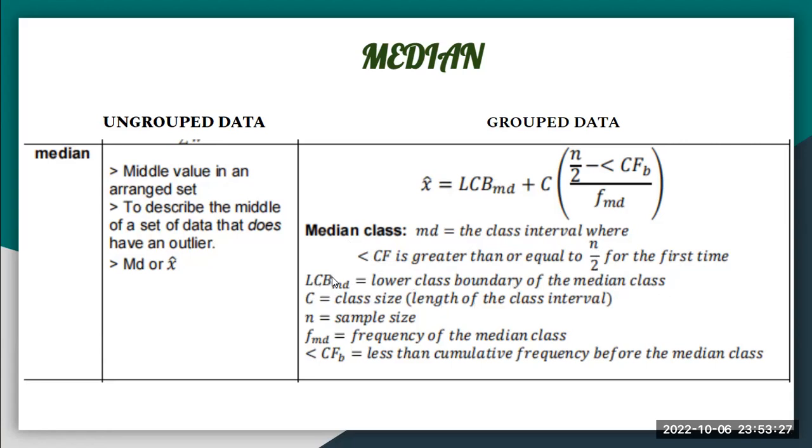And then C is the class size, this is the length of the class interval. And N is equal to the sample size. And then FMD, okay, that is the frequency of the median class. And lastly, we have the less than CFB, that is the less than cumulative frequency before the median class.